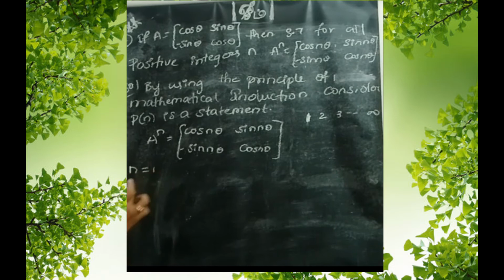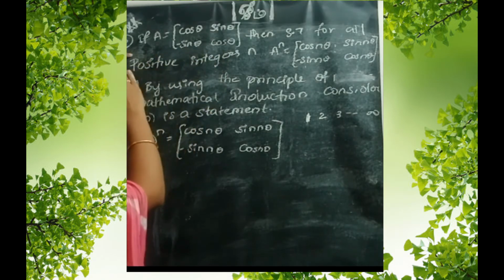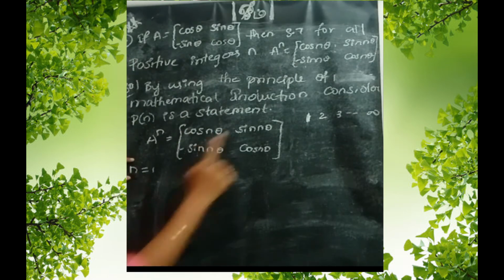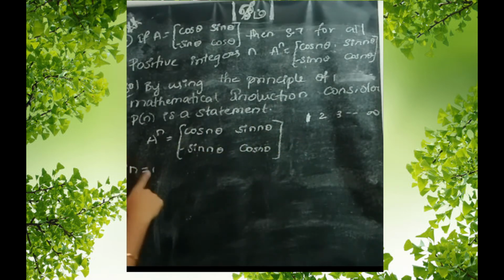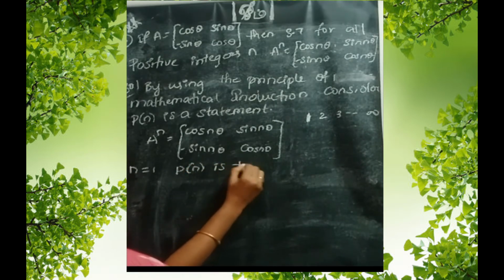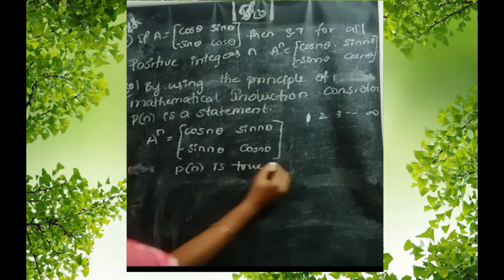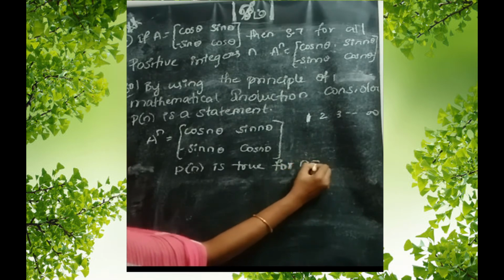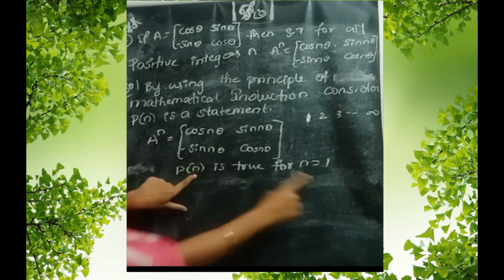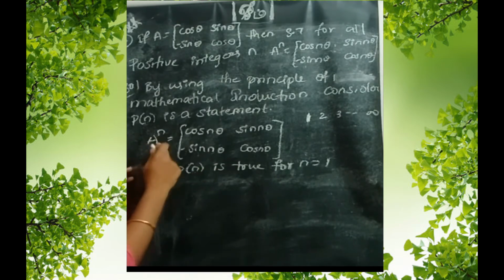They have asked to show that for every positive integer we have to prove it, right? Take the first positive integer, then P of n is true for n equals 1. Okay, P of n will be true when n equals 1. We have to substitute 1 in this.